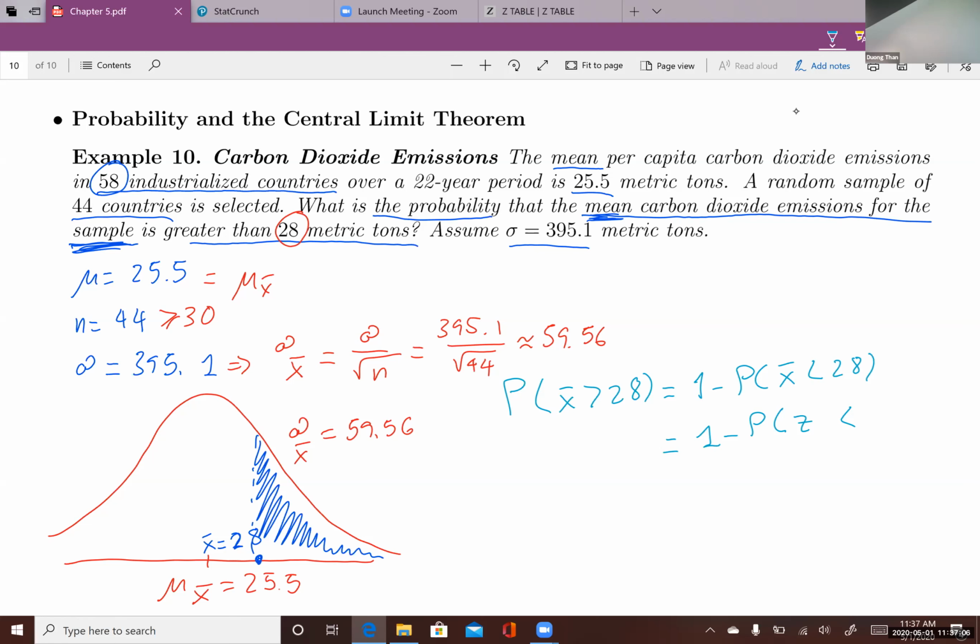We know that the x bar, the interest value, is 28.